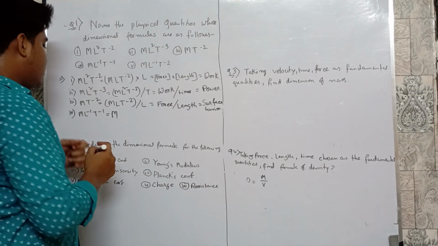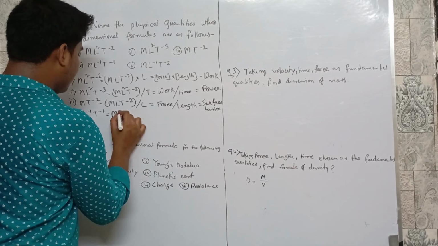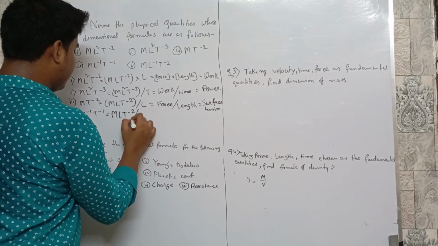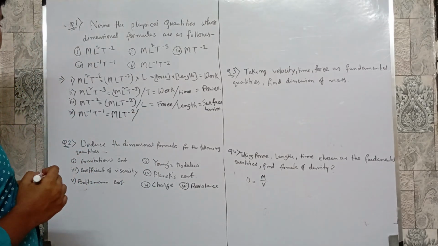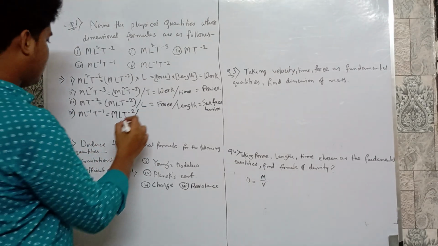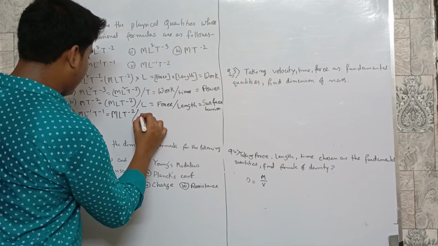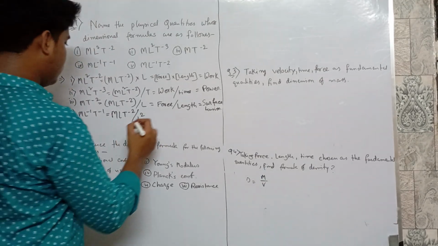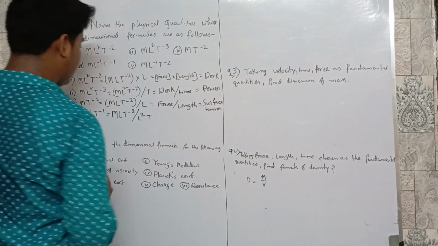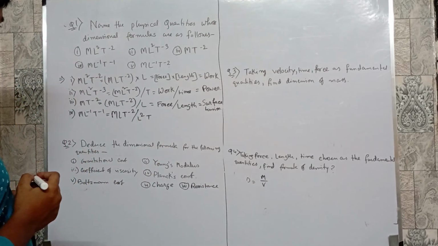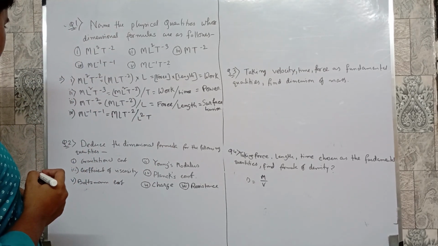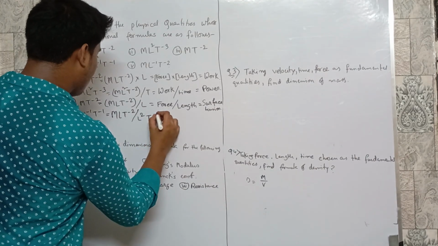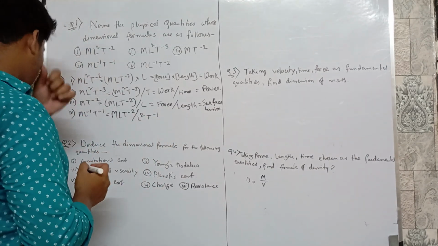This can be written as M L T minus 2 divided by L square into, not into T, it is L square times T to the power minus 1.